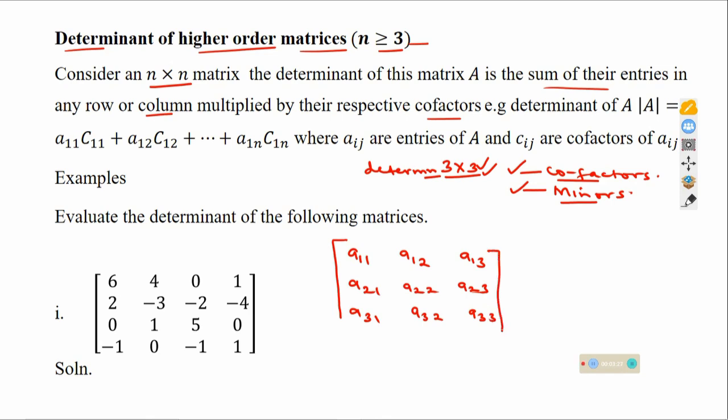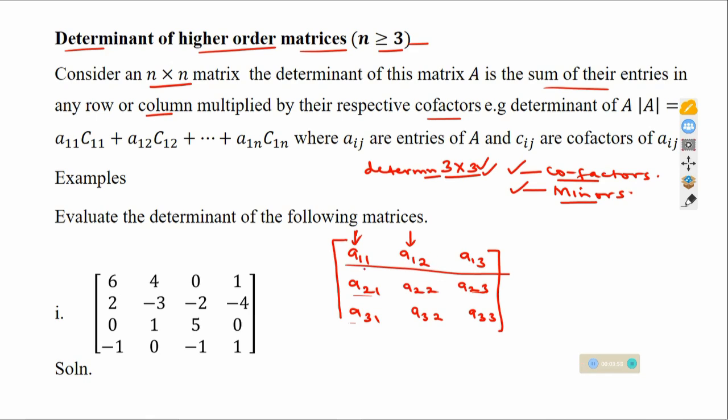So when you want to obtain the determinant of this given matrix using the cofactors, then you will choose one row. You can choose the first row. If you want, you can choose the second row, or you can choose the third row, any row that you need. Someone else can choose a column. You can choose the first column. You can choose the second or the third column. You will choose any row or a column of your own choice.